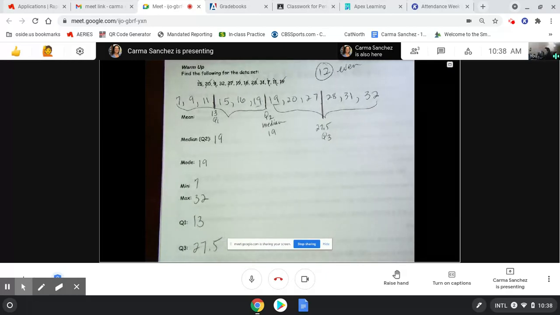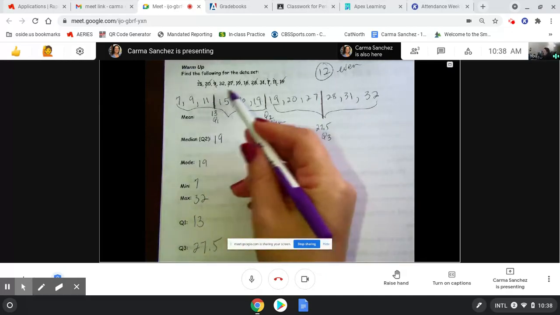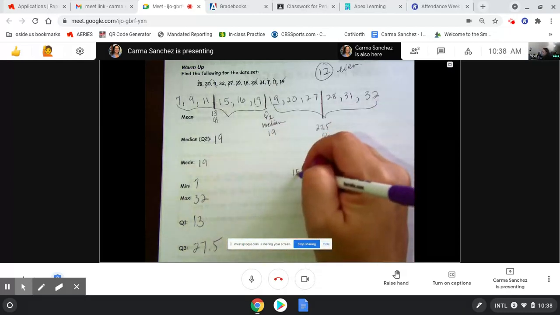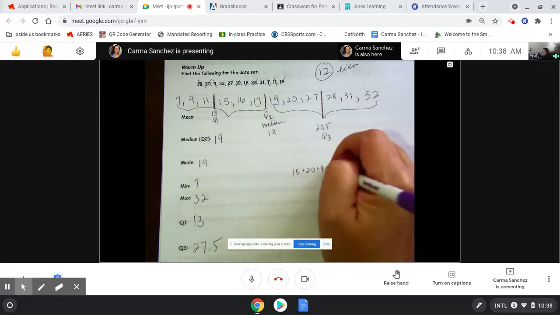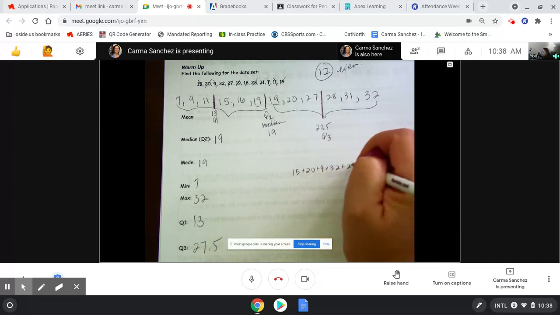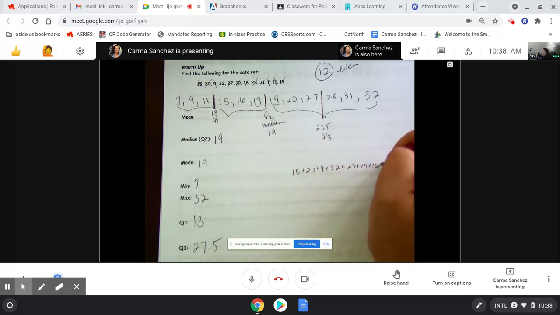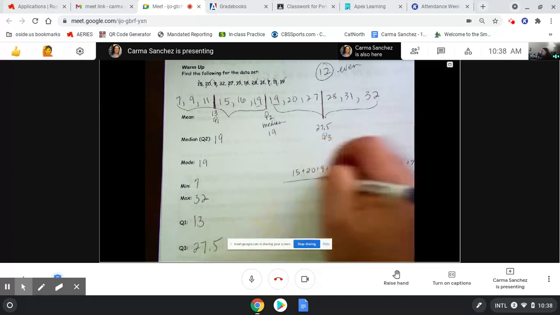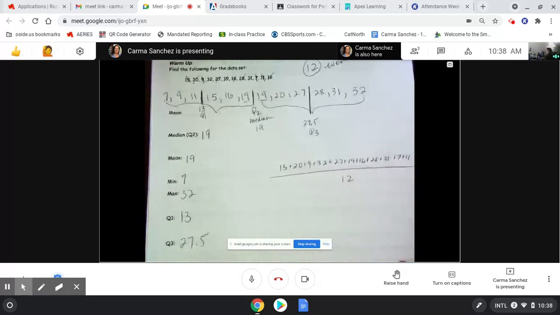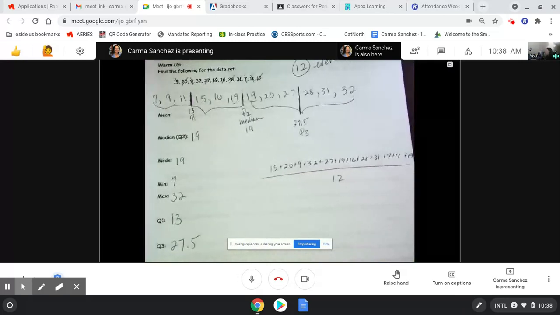Okay, let's go do the mean of adding these all up. So I'm going to go 15 plus 20 plus 9 plus 32 plus 27 plus 19 plus 16 plus 28 plus 31 plus 7 plus 11 plus 19. That's all going to be divided by 12. Take a second to do that on your phone calculator. Don't use my numbers.